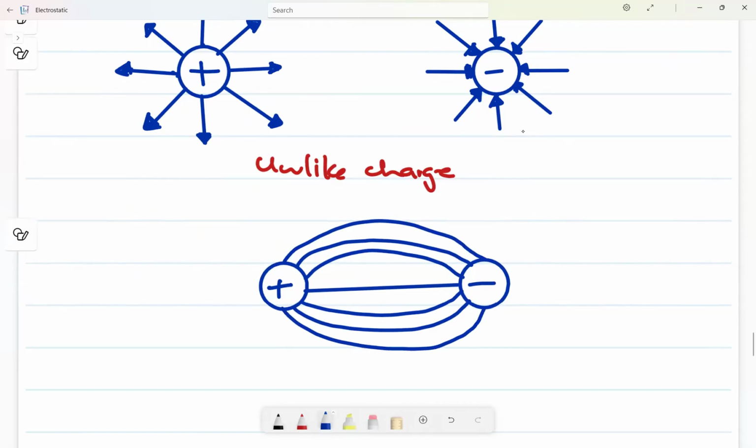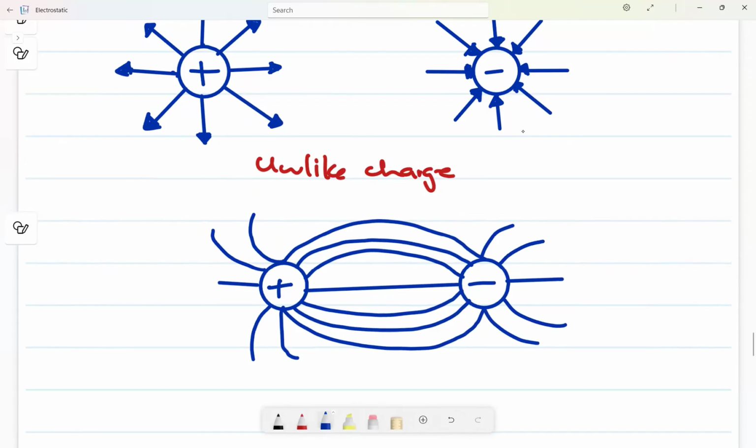Then these ones, remember what will happen? They will move from positive to negative, positive outward and negative inward. So there will be some that want to go out, but they won't manage, so they will be doing something like that. Then this one can be straight, but there are others that will want to go out again. Similarly, there will be those who want to come in again, like that.